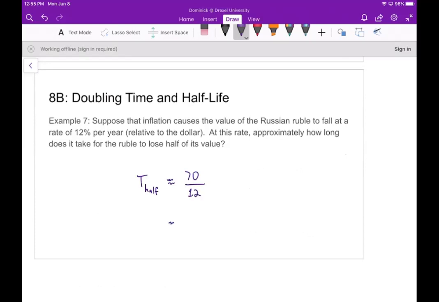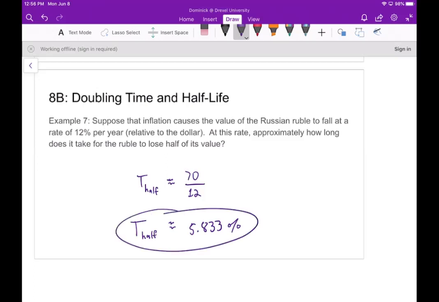So if I do 70 divided by 12, I'm going to get about 5.833. Okay, or not percent. This is for T half, so this is just years. So it will take 5.833 years for it to lose half of its value. Sorry about that.